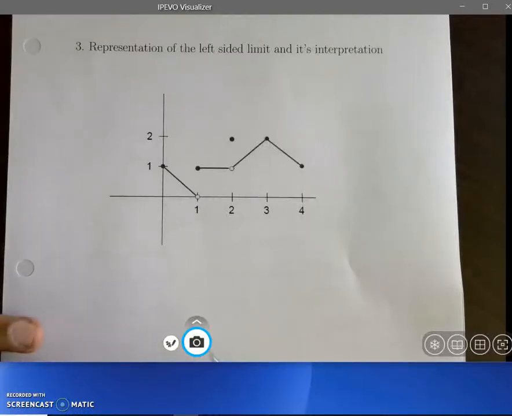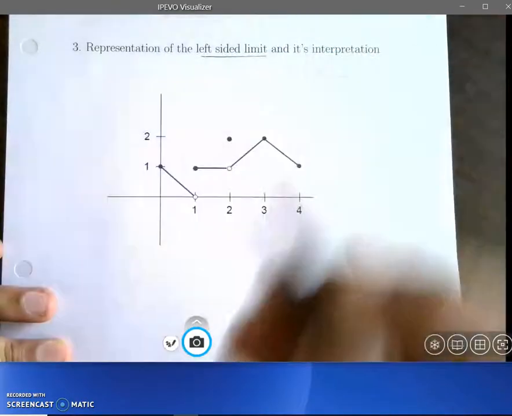Hi, in this video we will discuss the concept of left-sided limit.